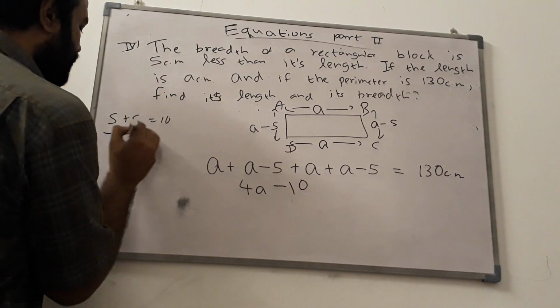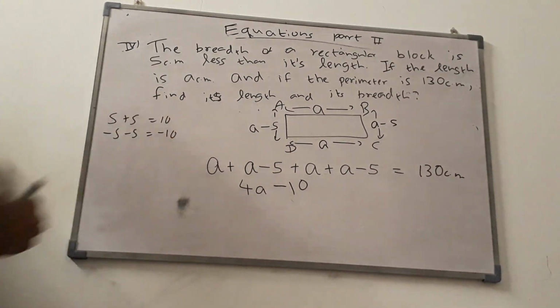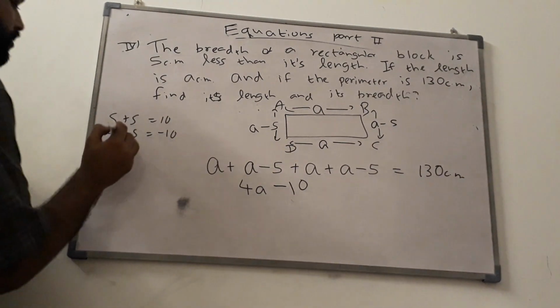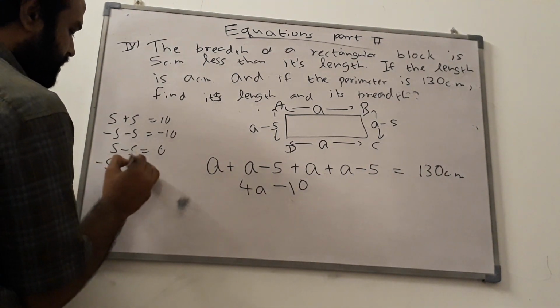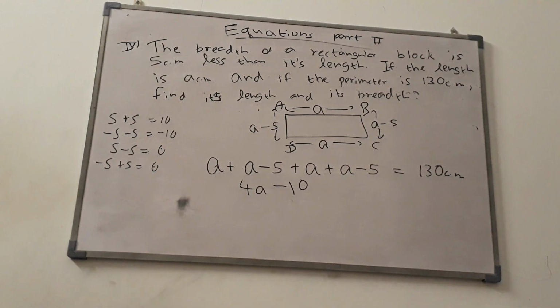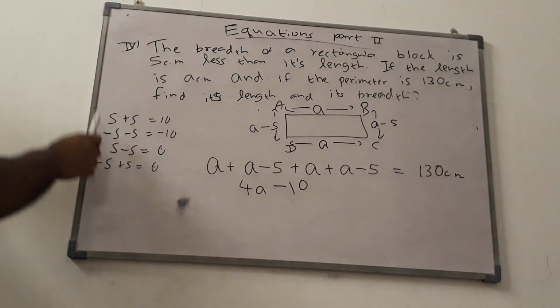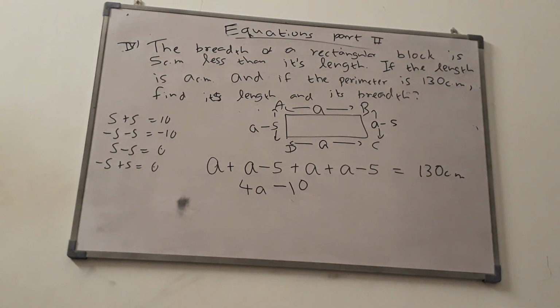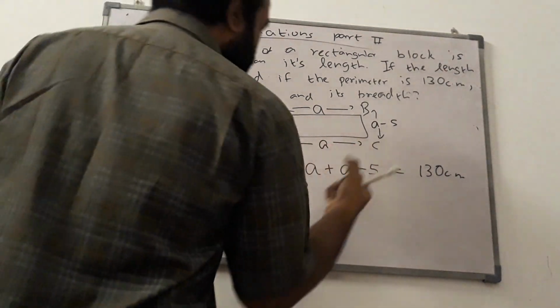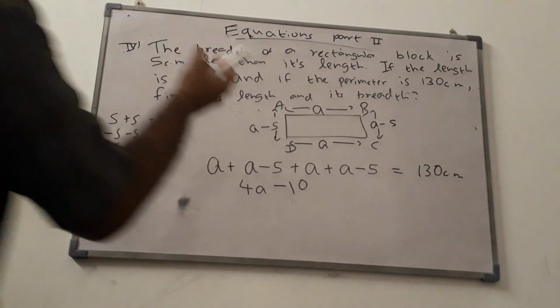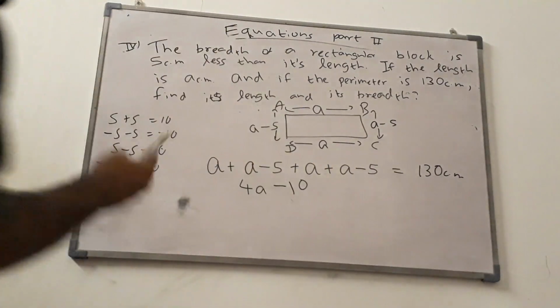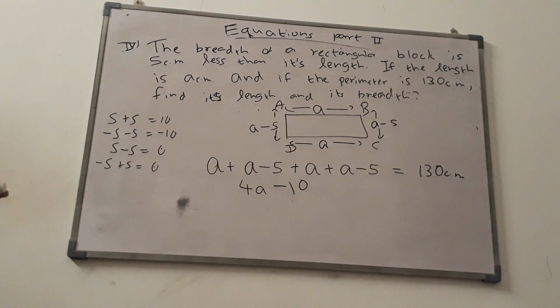Likewise, minus 5 and minus 5 means minus 10. Don't forget 5 minus 5 is 0, and minus 5 plus 5 is also 0. But if it is minus 5 and minus 5, we have to find the sum, which is minus 10. This is not multiplication or division. This is addition and subtraction.